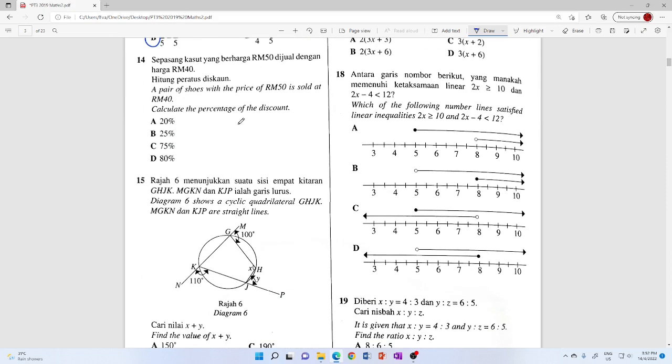For question 14. A pair of shoes with the price of 50 ringgit is sold at 40 ringgit. Calculate the percentage of the discount. So we know that the discount is 50 ringgit minus 40 ringgit. The discount is 10 ringgit.